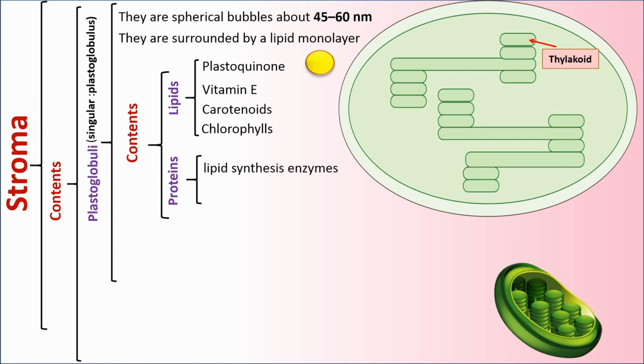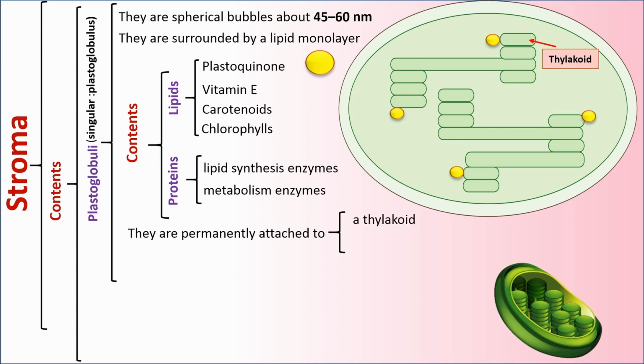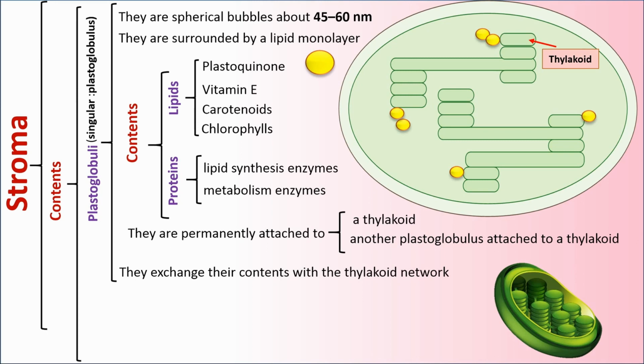Proteins are lipid synthesis enzymes and metabolism enzymes. They are permanently attached to a thylakoid, or another plastoglobulus attached to a thylakoid. They exchange their contents with the thylakoid network.